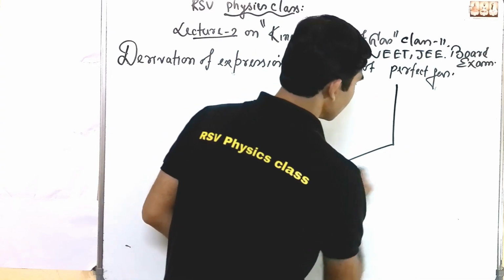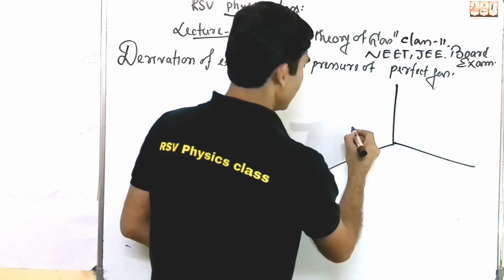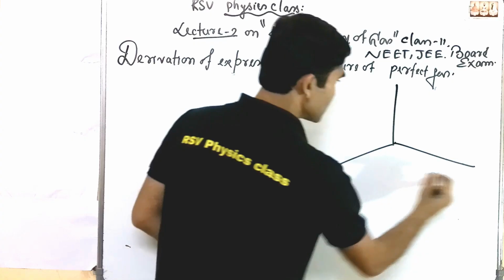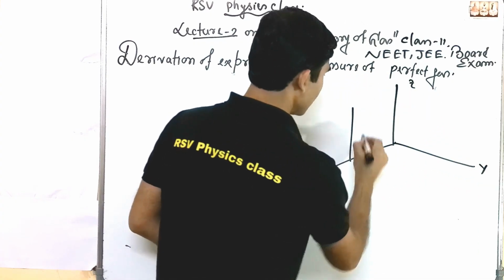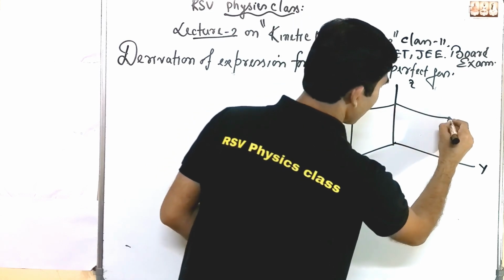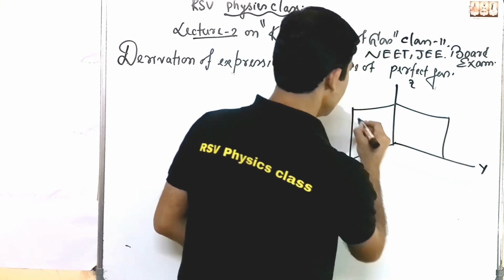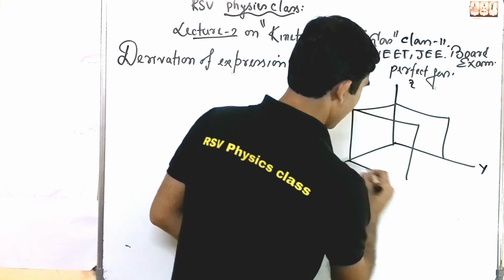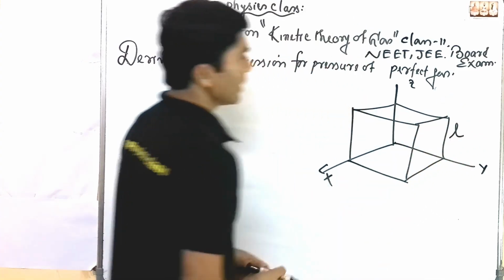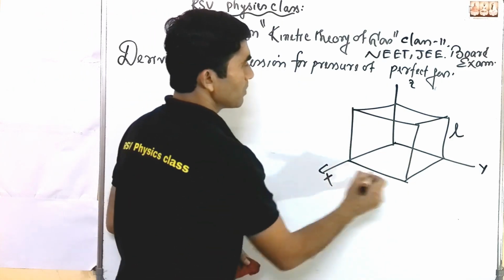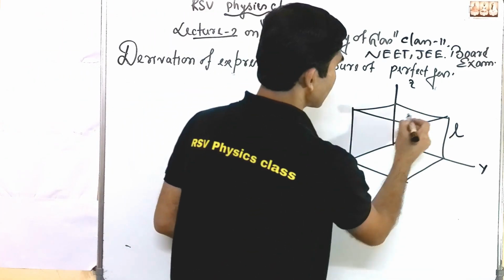So this is the Cartesian coordinate system, and here this is the x-axis, y-axis, and z-axis. So you consider a cube of length L, and it is filled with gas.